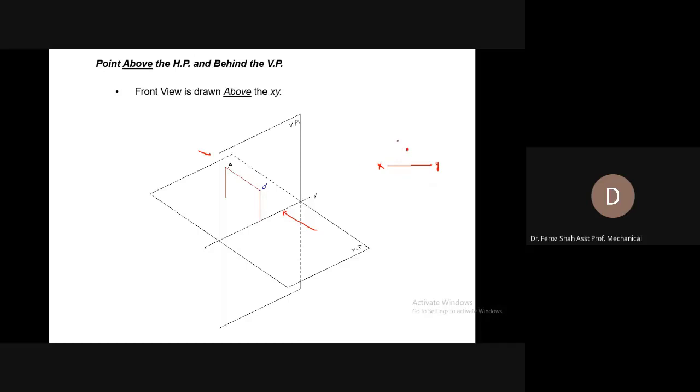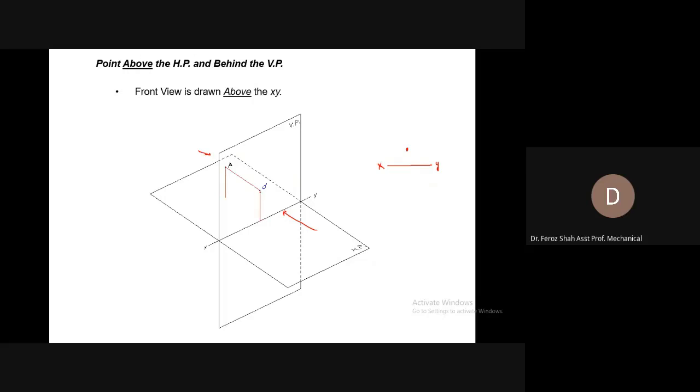Now how much above the XY reference line? This much distance. This distance is not given; we will be given the distance above the horizontal plane. So for example, if the point is 10 millimeter above the horizontal plane, its front view will also come 10 millimeter above the XY reference line.